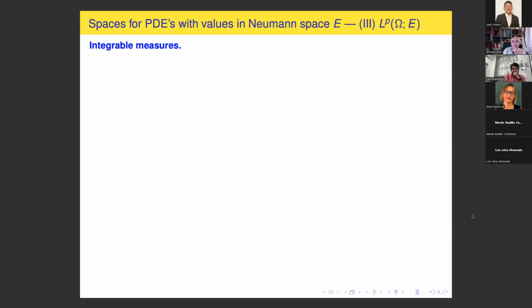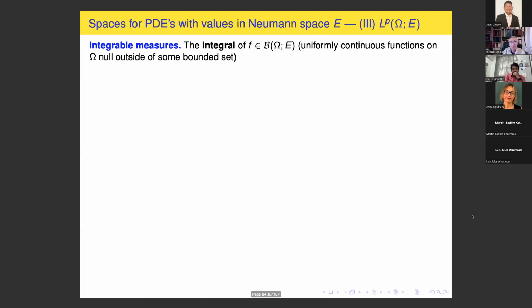Okay, now we will define the space LP with values in E, and this is maybe a crucial point. First, we consider a function f in the space B of omega into E, which are uniformly continuous functions that are null outside a bounded set.